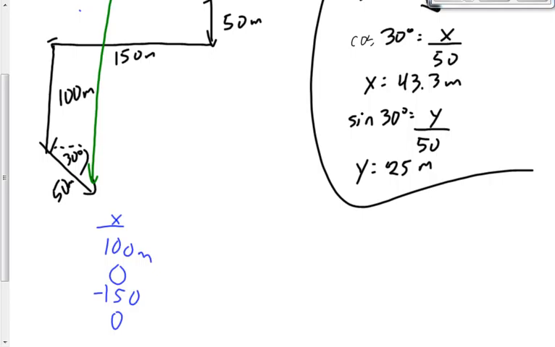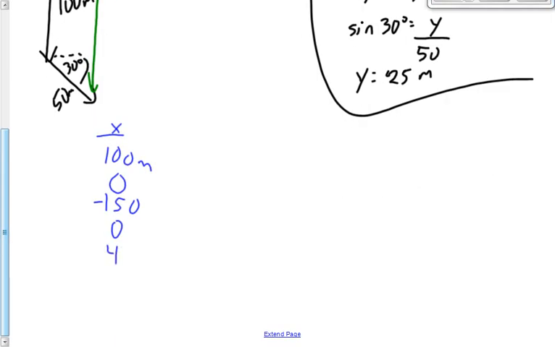Positive, because it's going to the right, going east. So it's positive 43.3. Let's add these up. We end up getting negative 6.7. Is that right?